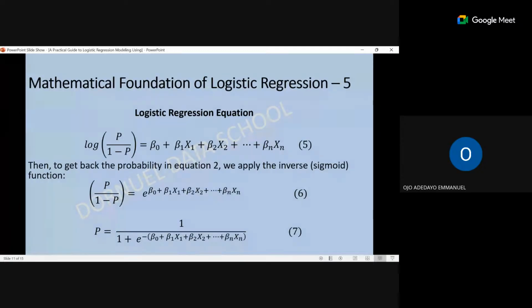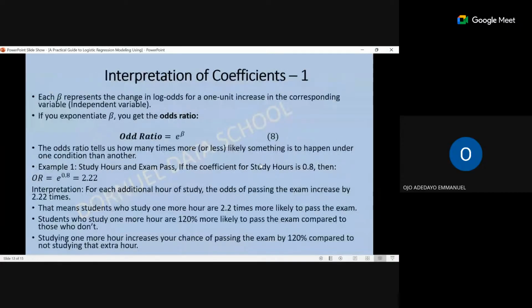From the odds, we moved to the log odds, which we call the logit. And then we have our logistic regression equation. Now, this is where we're going to start our interpretation. How do we interpret this?